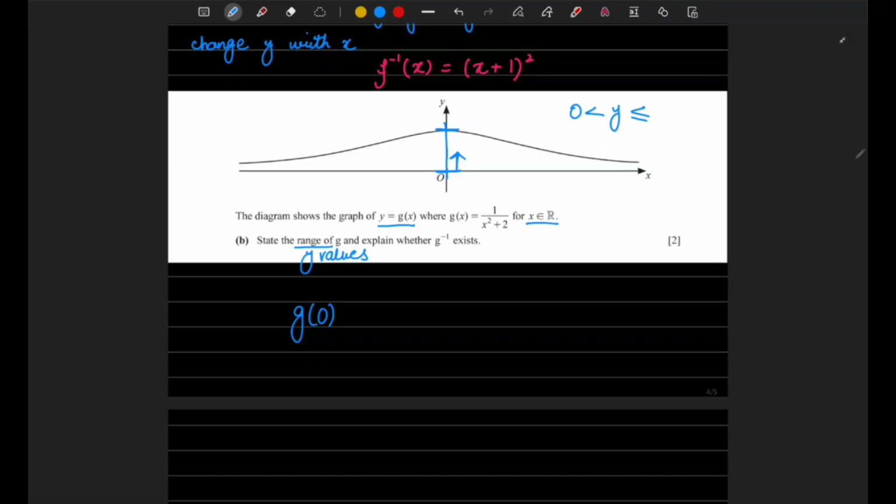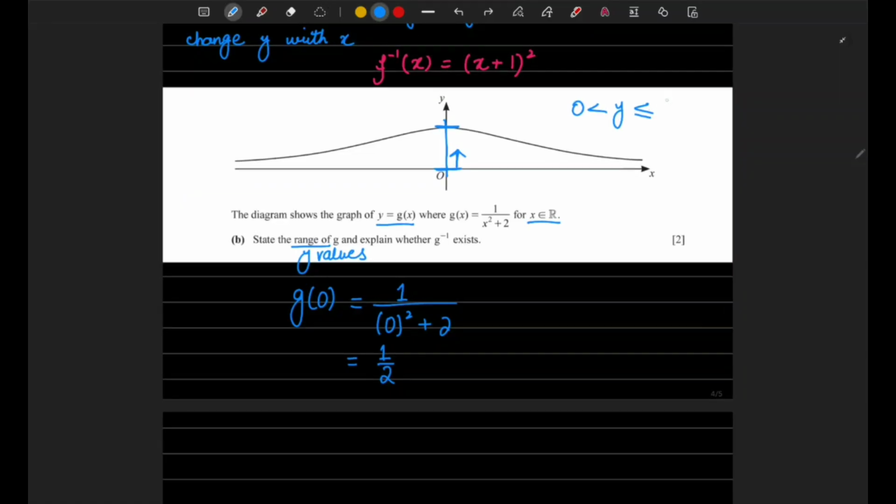So g of 0 will be equal to 1 over x squared plus 2, so that is 1 over 0 squared plus 2, which gives you 1 over 2. So the range of this function g of x would be greater than 0 and less than or equal to 1 over 2.